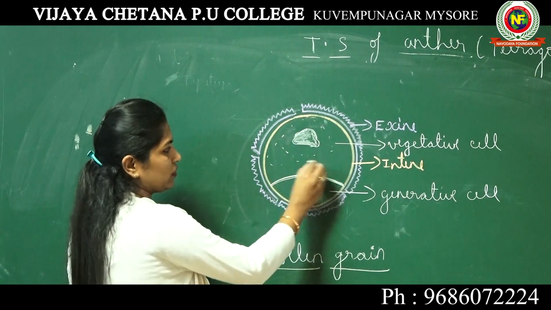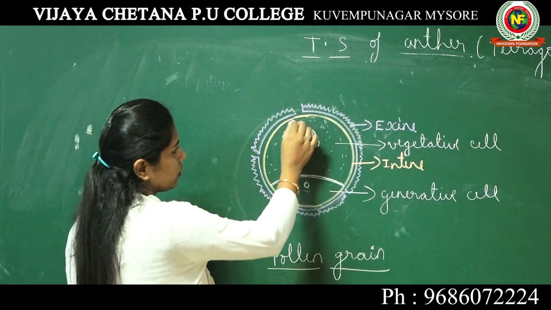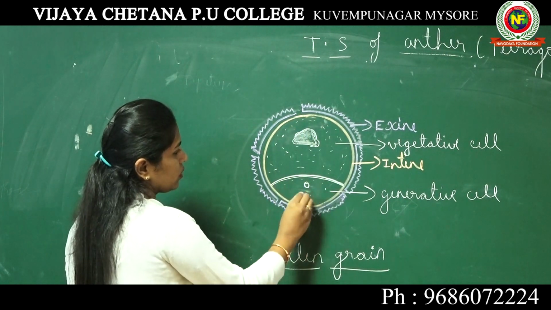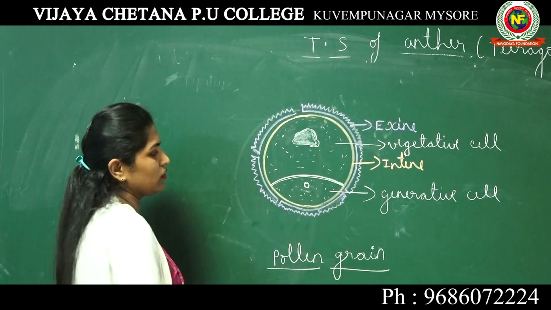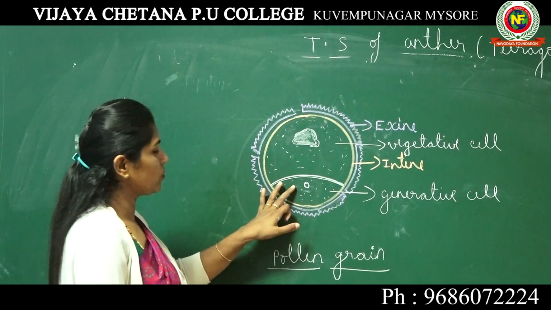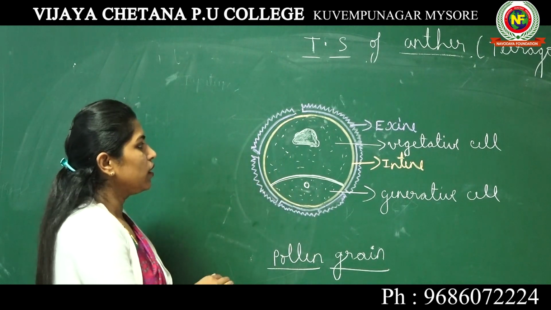This vegetative cell has dense cytoplasm, whereas this generative cell has less cytoplasm when compared to the vegetative cell.